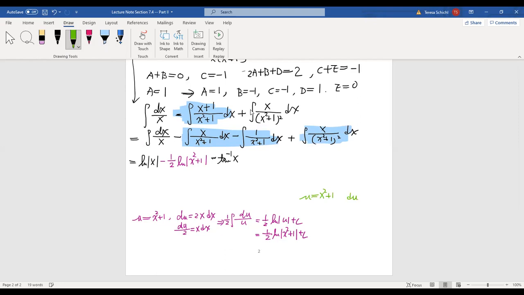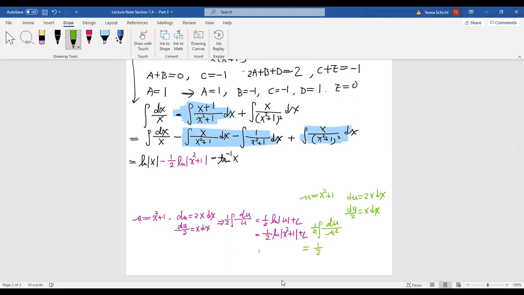So the same, du is 2x dx. Then du over 2 is x dx. So this one here will be 1/2. Okay, so what is the bottom here? Bottom will be u squared, right? Then the du.